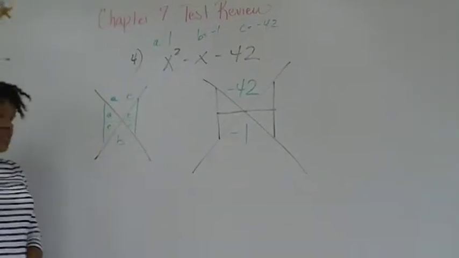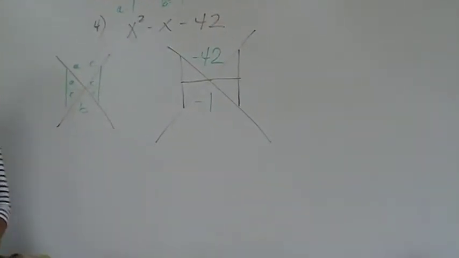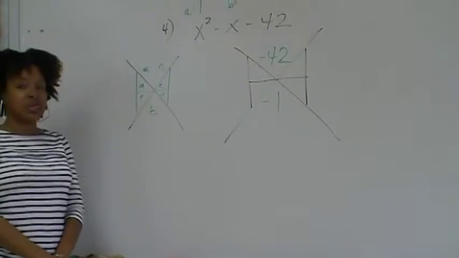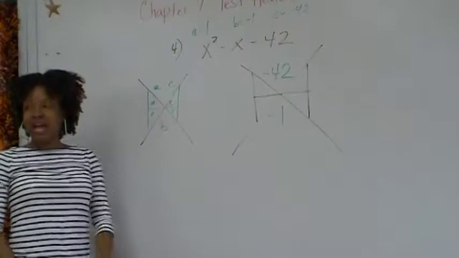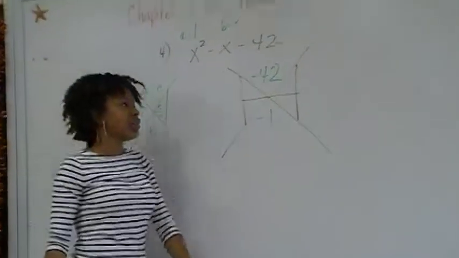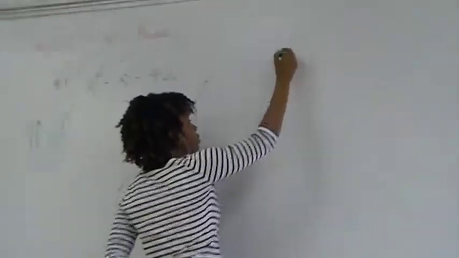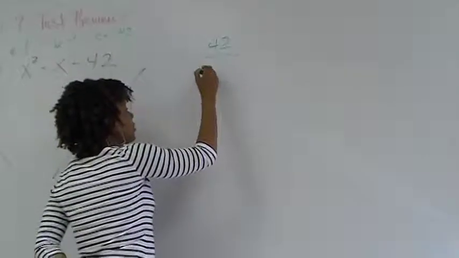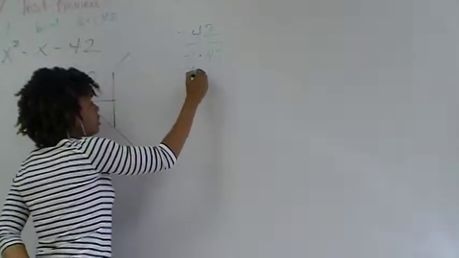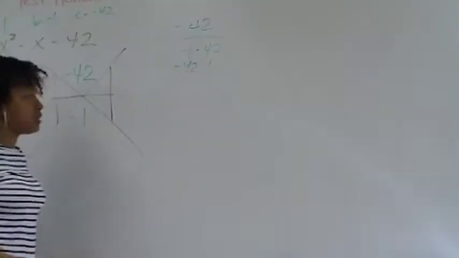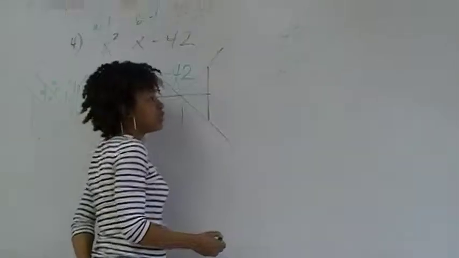Okay, so now we have to find two numbers that will multiply and give us -42, but they also have to add up to -1. So think of the factors of 42. You got 1 and 42. One of them has to be negative, right? Because it's -42. Let's flip those around. What else goes into 42?